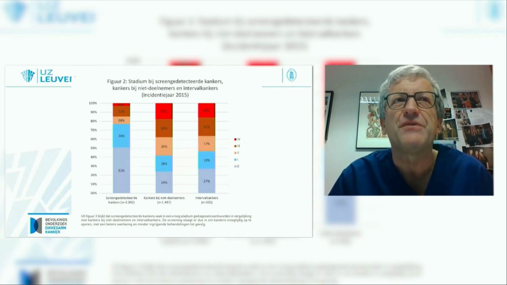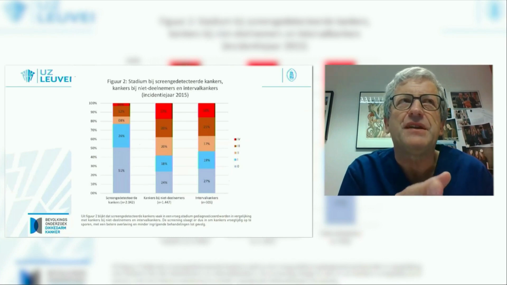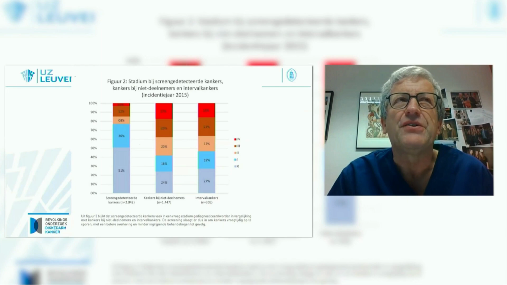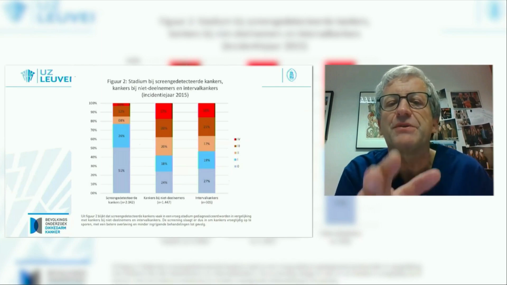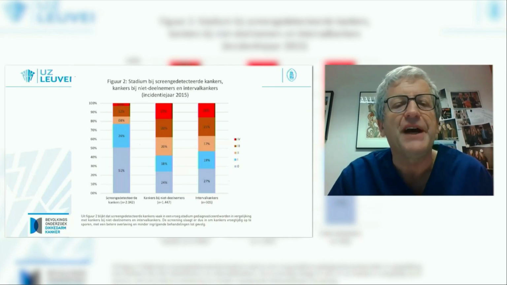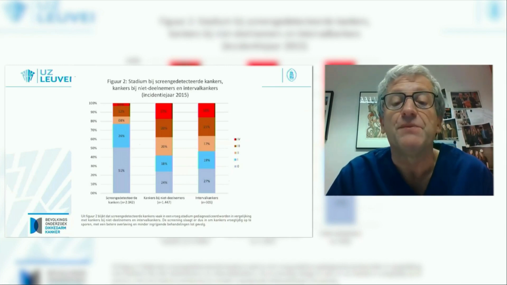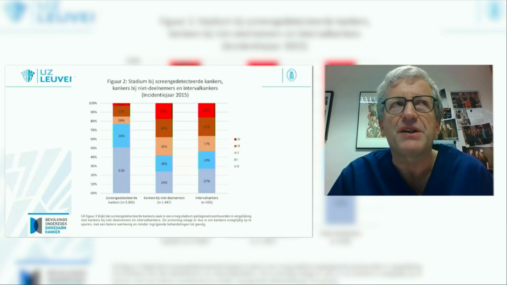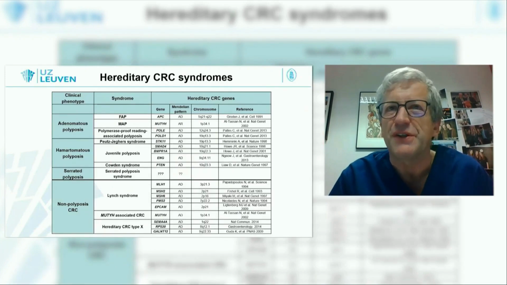And I don't have to convince you that patients with a diagnosis in the setting of screening programs have a better outcome, a better prognosis, compared to patients in the middle who were diagnosed in the setting of just symptoms and not participation in a screening program. So that's crucial to work further on.